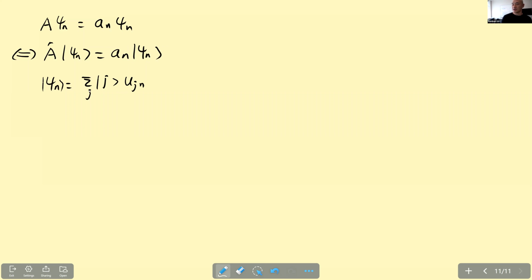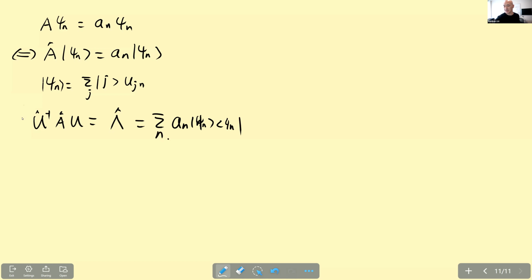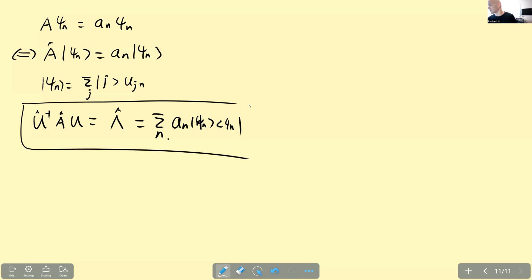Right. So that's what we say: in other words, U dagger times A times U equals lambda. That's nothing but just a summation of a_m psi m and psi m. Okay. So we call this diagonalization.